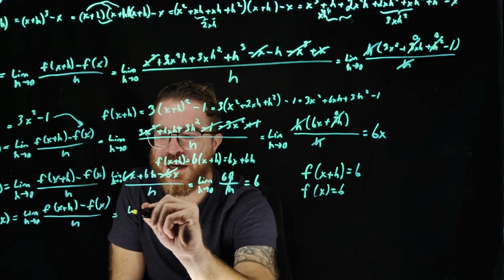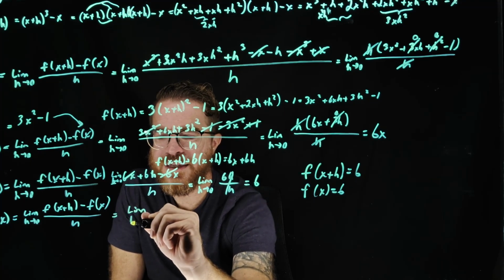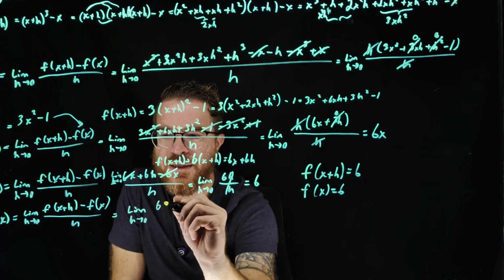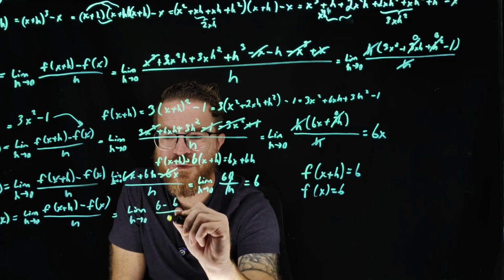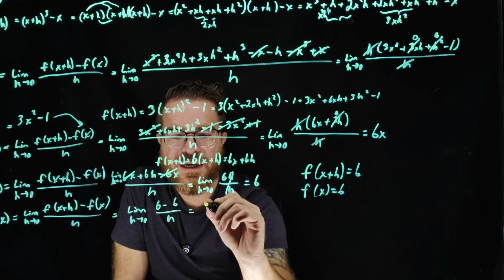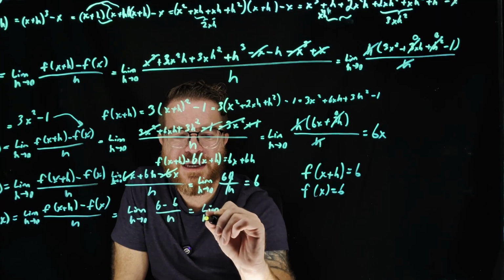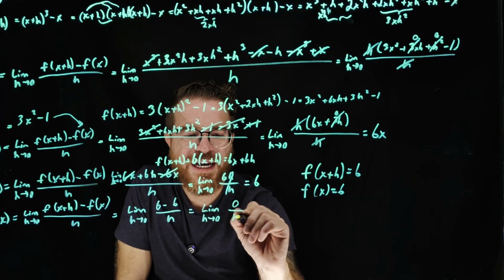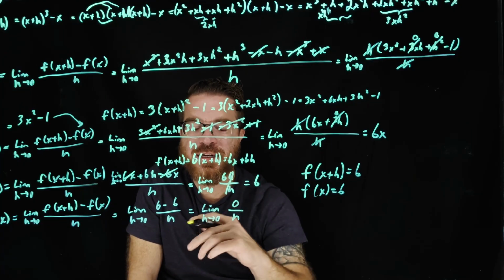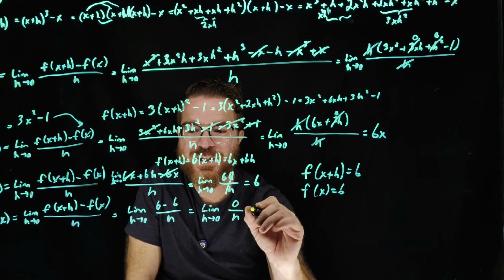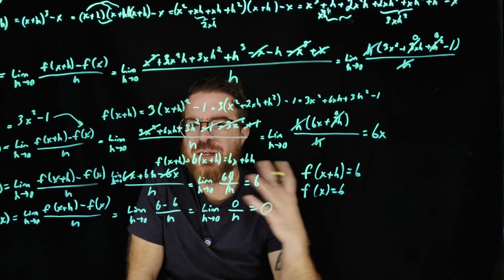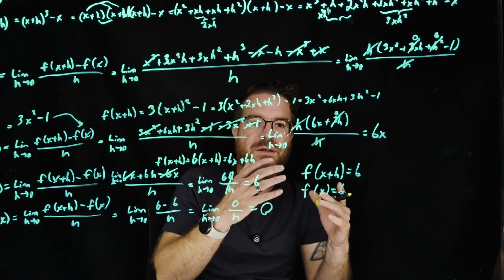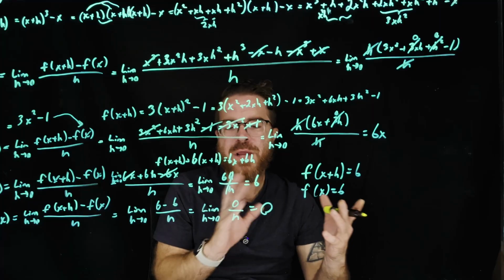So this is going to end up becoming the limit as h goes to 0, 6 minus 6 over h, which is going to be the limit as h goes to 0, 0 over h, which in this case, as this goes to 0, it's just going to equal 0, right? Because the derivative of a constant is going to be 0.